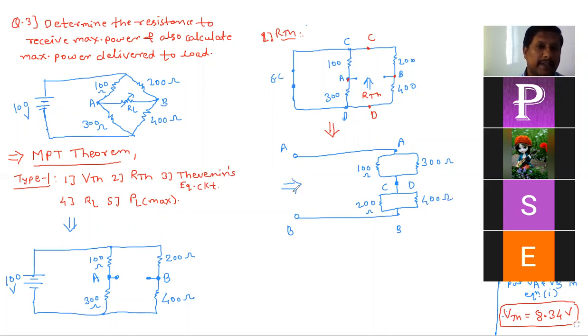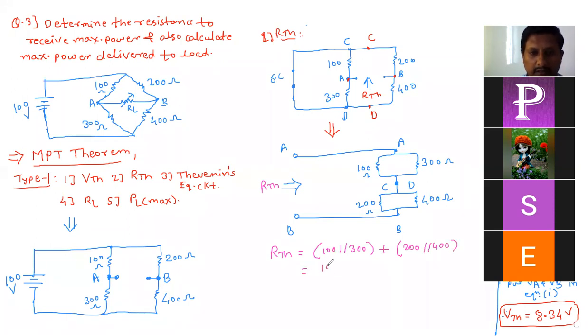Now you can observe from A and B and calculate. You can easily calculate RTH now, because 100 and 300 are parallel, 200 and 400 are parallel, but both are in series. So RTH is equal to 100 parallel with 300, plus 200 parallel with 400.